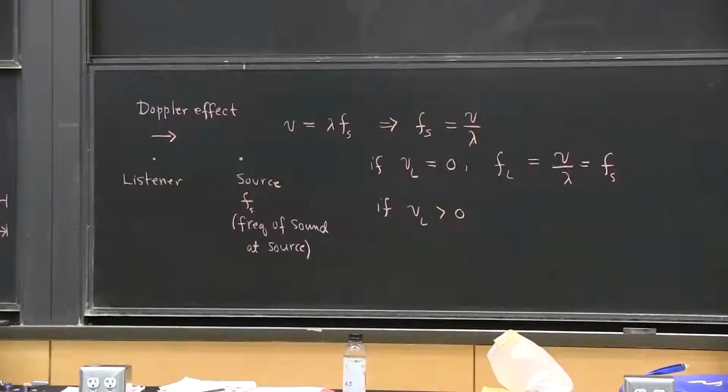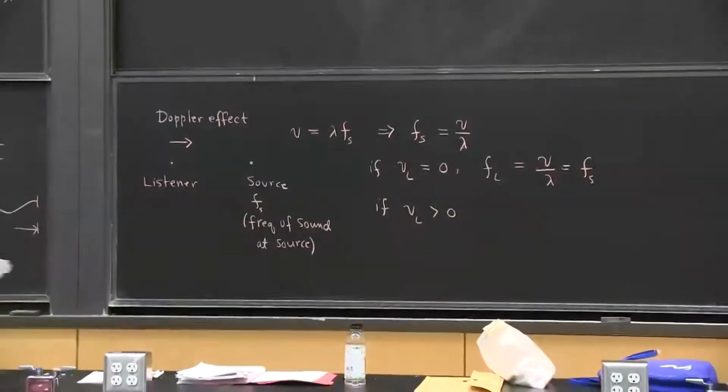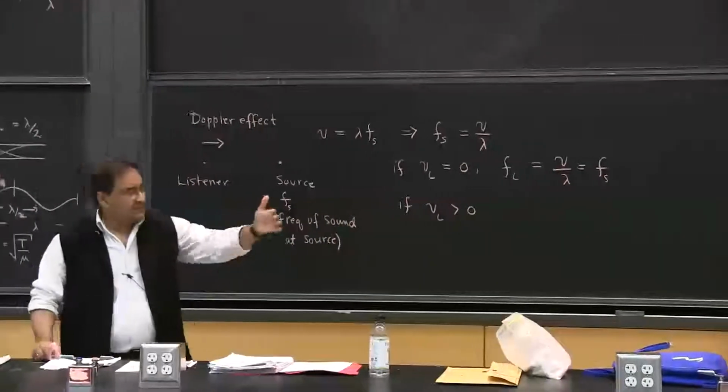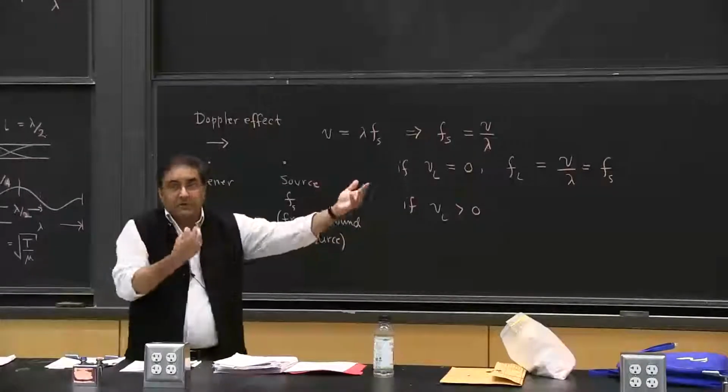So the way you do it requires a little bit of thinking at a distance rather than blindly trying to do relative velocity and so on. If something is coming towards me, then the speed at which this thing is coming towards me obviously goes up, right?